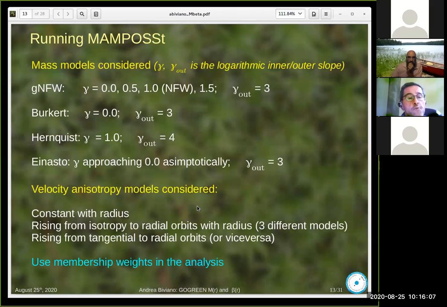Then we run MAMPOSSt basically using this information about the spatial distribution, and we run MAMPOSSt on the velocity distribution of galaxies, which is dependent on the radial position of the galaxies as well. And I don't need to go in much detail, but we consider a battery of models for the mass profile and for the velocity anisotropy profile.